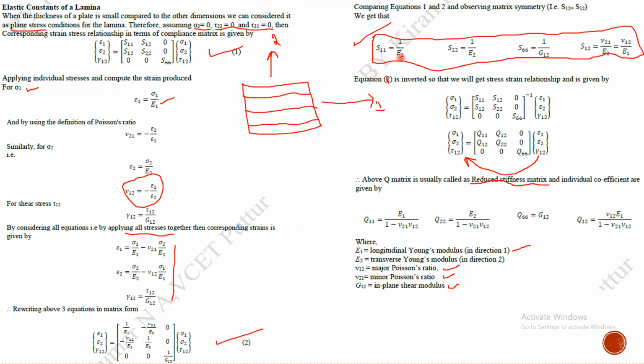The longitudinal Young's modulus is given. S22 I can calculate because the transverse Young's modulus is given, and G12 is also given, so that I can calculate S66, and the Poisson's ratio is also given, so that I can calculate S12.